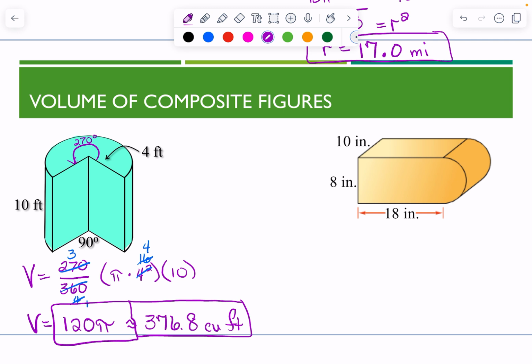Now, if we look at this second one, we have a rectangle that has half of a cylinder on it. If we draw that line down, this would be the half of the cylinder that we have. So we have a prism with half of a cylinder.